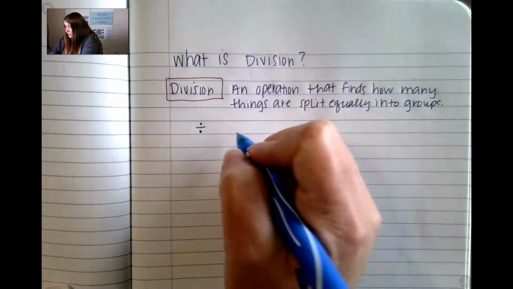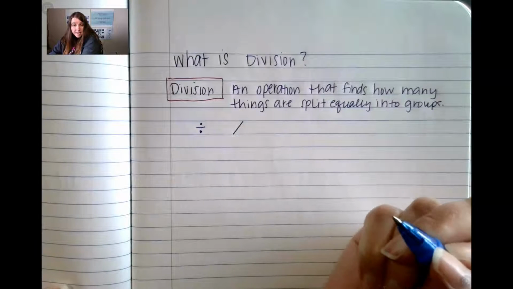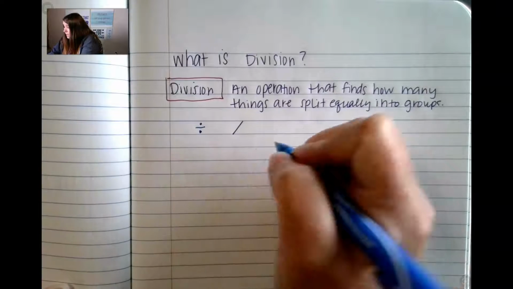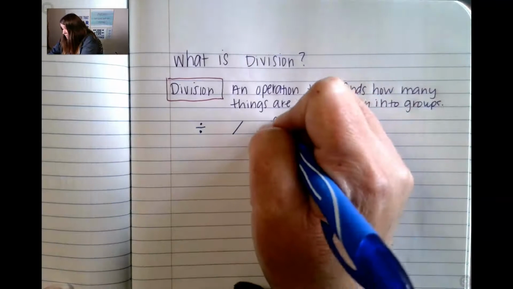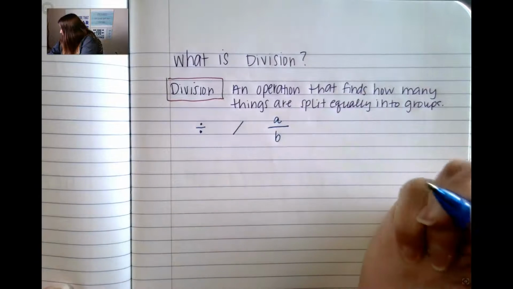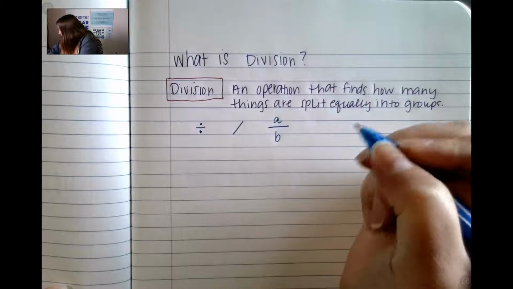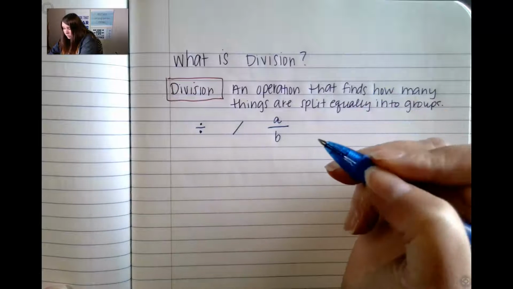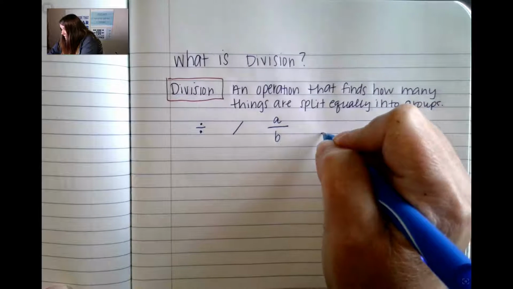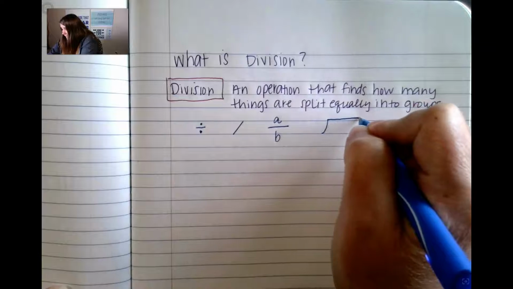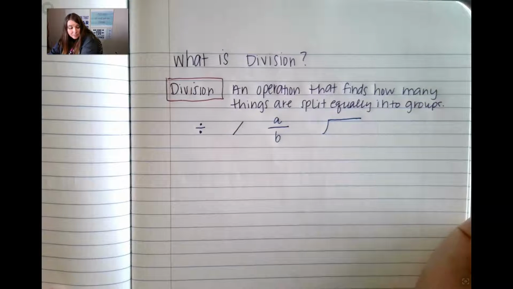Another symbol is the slash. Another one that you've seen is a fraction, the fraction line. Sometimes you have the A on the top, the B on the bottom, or like a 1 or a 2, 3 or 4, something like that. And then this little L looking house thing. Okay, the house, right? So you've got the long division symbol.